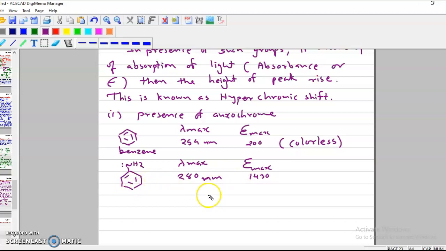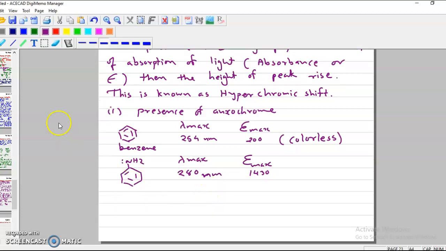Okay, even if it is colorless, it can show color in presence of air because of oxidation. But here, if you compare the graph of these two, absorbance versus wavelength, then the graph for benzene may be like this.